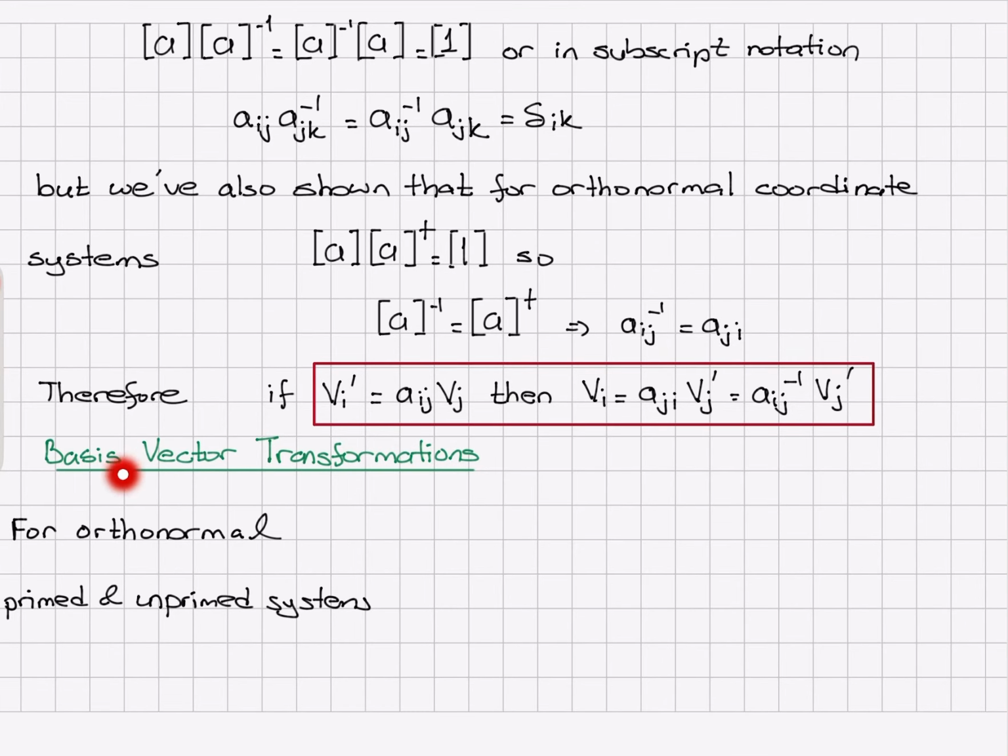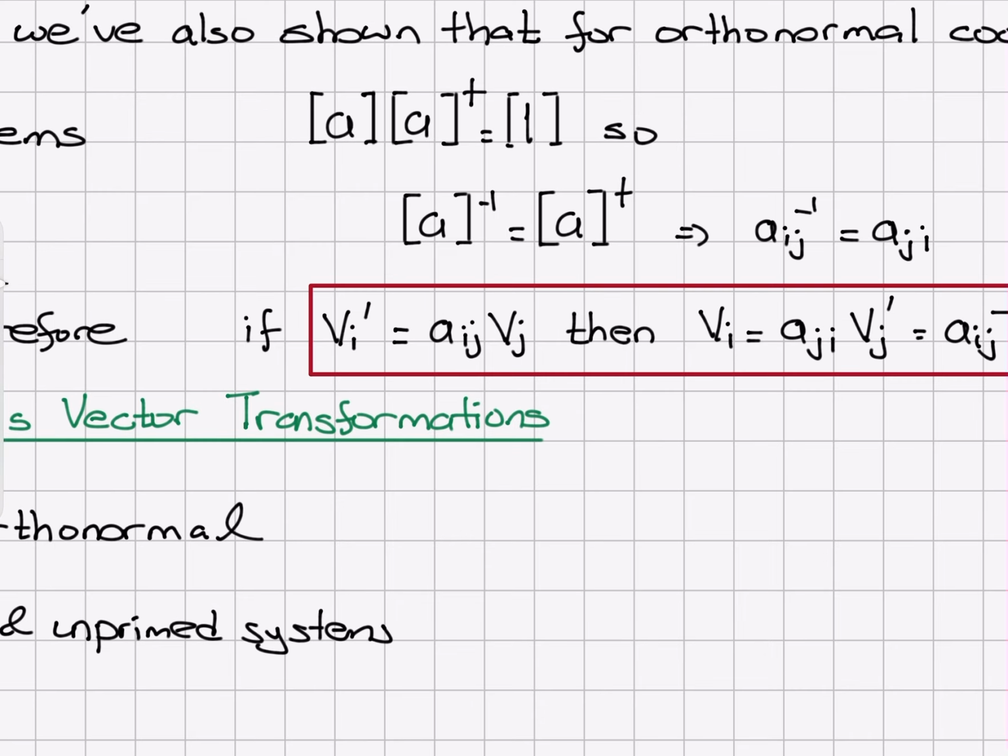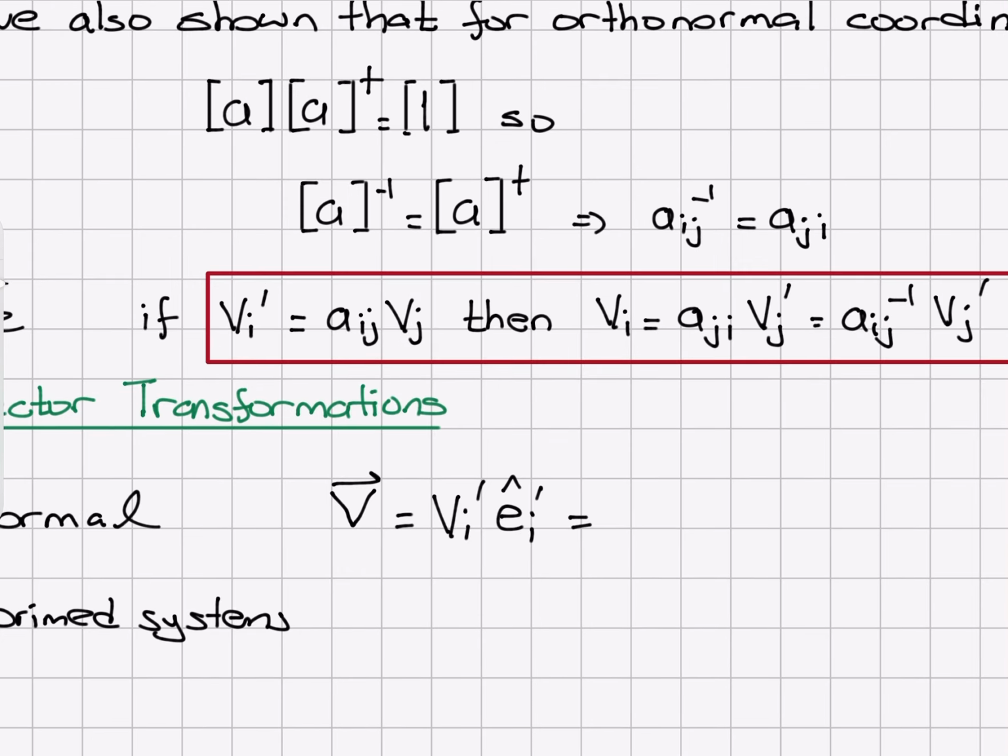Let's briefly take a look at basis vector transformations as well. So when we have a transformation between two orthonormal primed and unprimed systems, a vector v can be written in terms of the primed components v_i' in e_i' hat, and v_i' are linked to v_j by a_ij v_j using the transformation matrix.